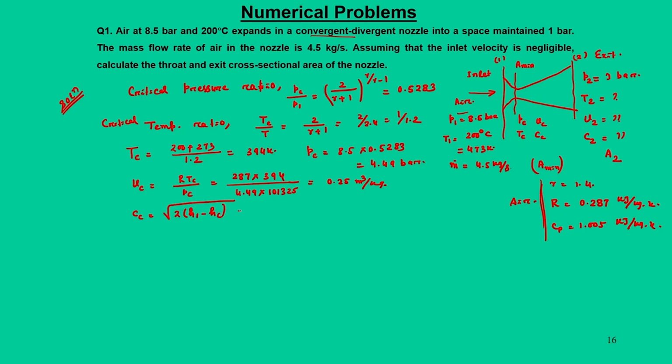So, we can say square root of twice Cp times (T1 minus Tc). Inserting this number, we say twice into 1005 into (473 minus 394). So, this will give you Cc as 398.5 meter per second.